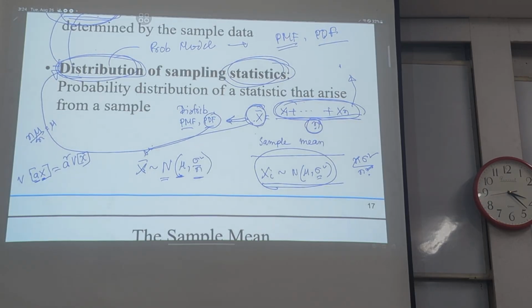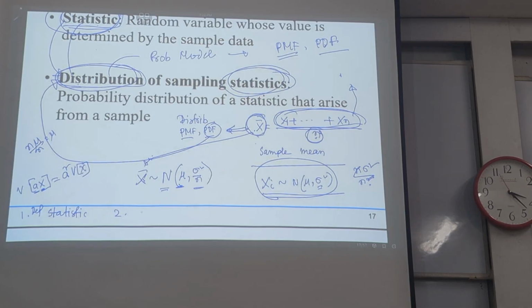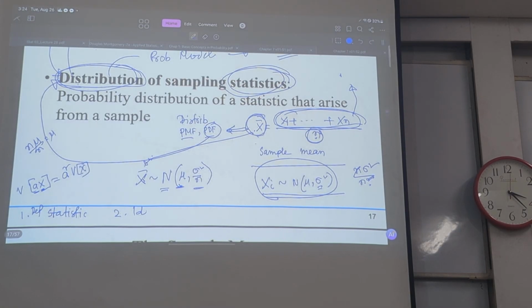So if we summarize here, from the data we need to define statistics, then identify the distribution, and then draw conclusion. Is this clear? These are the three steps.